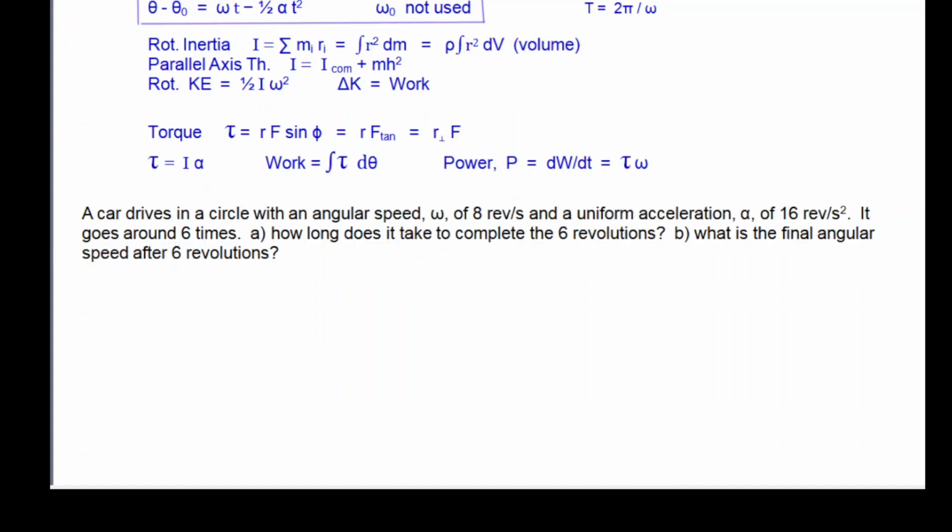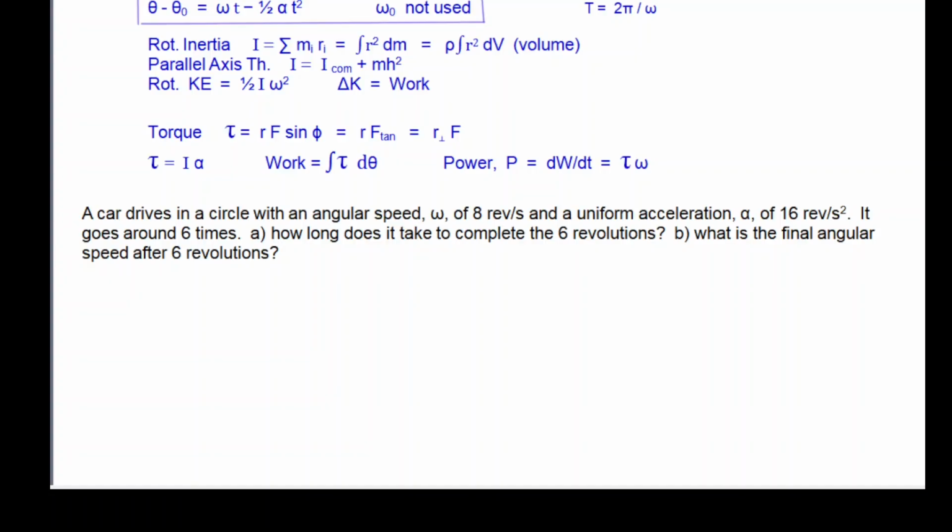So, one thing to note: if you're working only with angular variables, you can leave everything in revolutions per second. However, if you're using tangential variables, such as tangential velocity or tangential acceleration, then you need to convert everything into radians first. So, getting back to the problem, how long does it take to complete 6 revolutions?